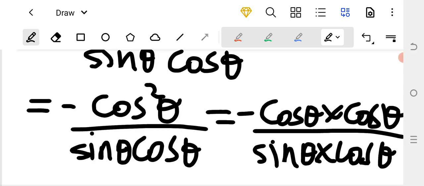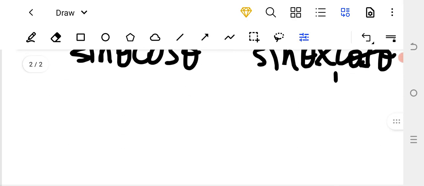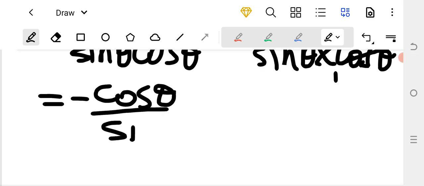Then here we can see that a cos theta will cancel out, giving you a 1, and then you remain with negative cos theta over sine theta.